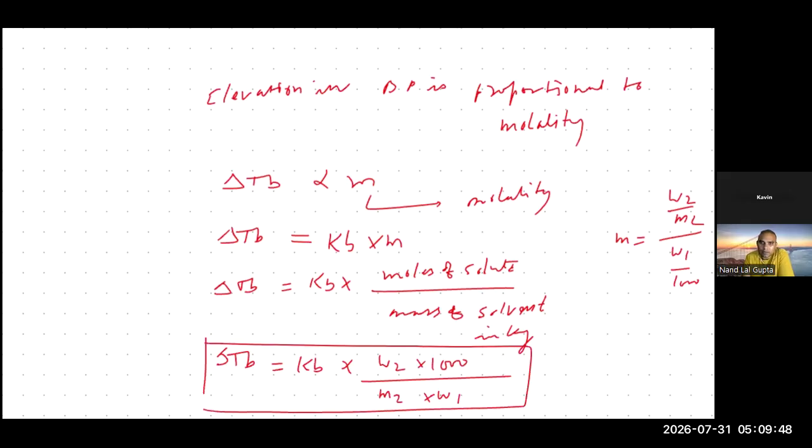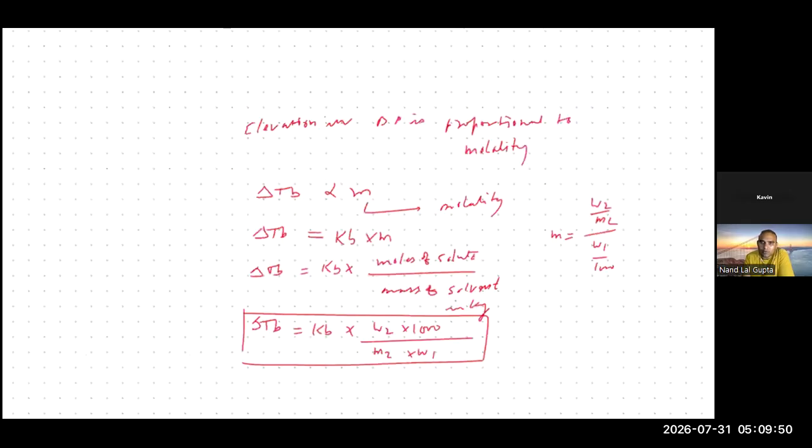W2 is the gram mass of solute, M2 is the molar mass of solute, and W1 is the gram mass of solvent.